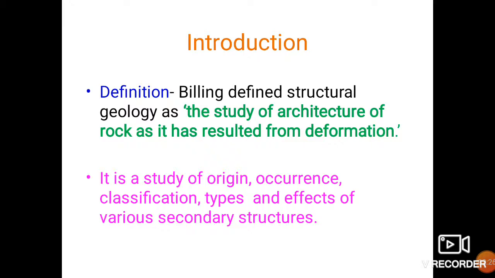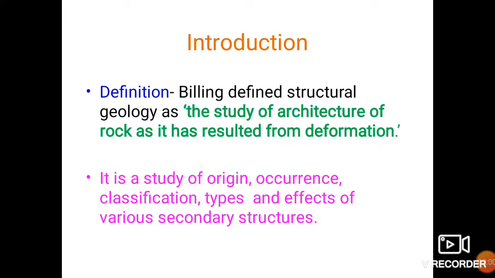If we take a fold, for example, there are different kinds of folds which are formed due to different types of forces in different manner. So their types and their effects on the rock in which they are formed, all these aspects are studied in structural geology, right from the origin of the particular structure to its effect on the rock formation.